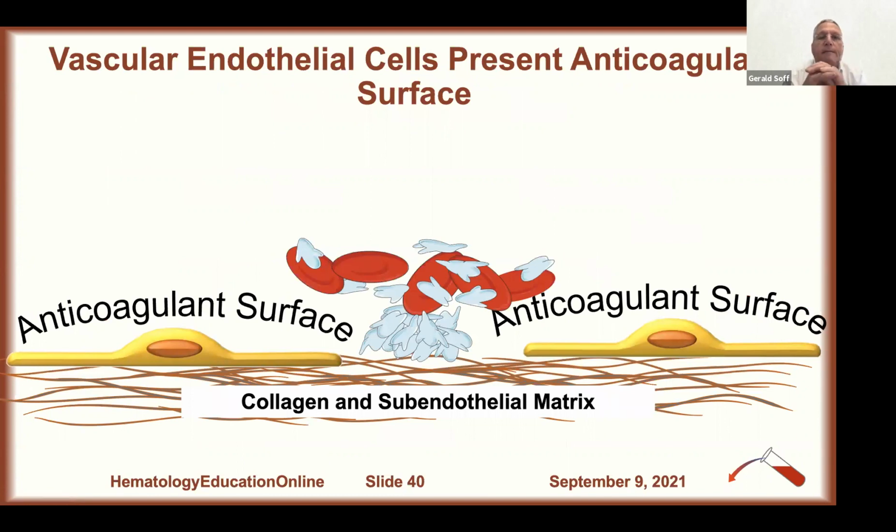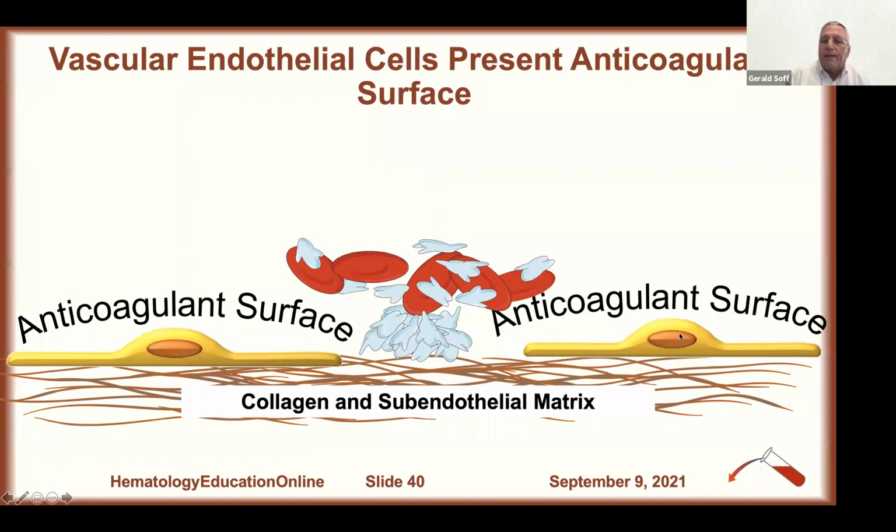So here is the vasculature illustrating its contribution to the physiologic anticoagulation processes. This is illustrating intact endothelium with anticoagulation surface shown here and here. If you have a gap in the endothelium, platelets adhere, and that starts the coagulation system.